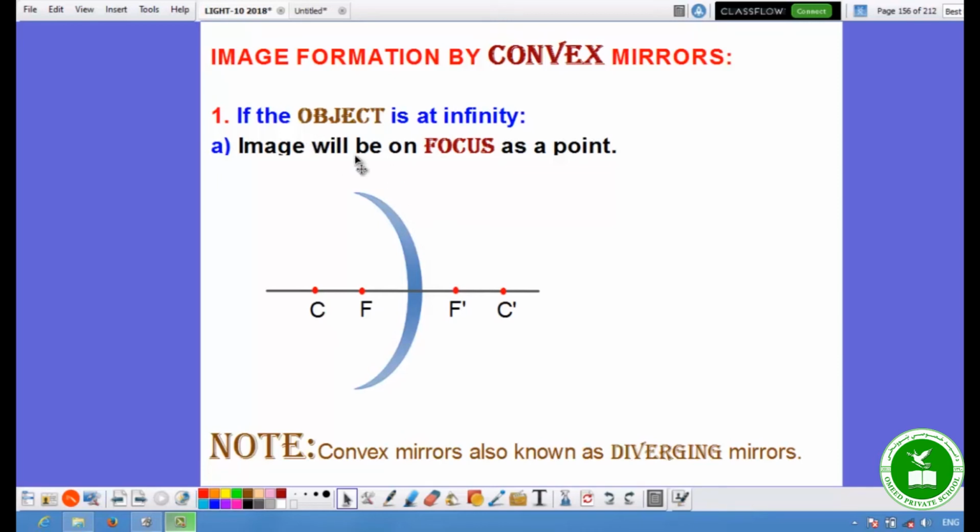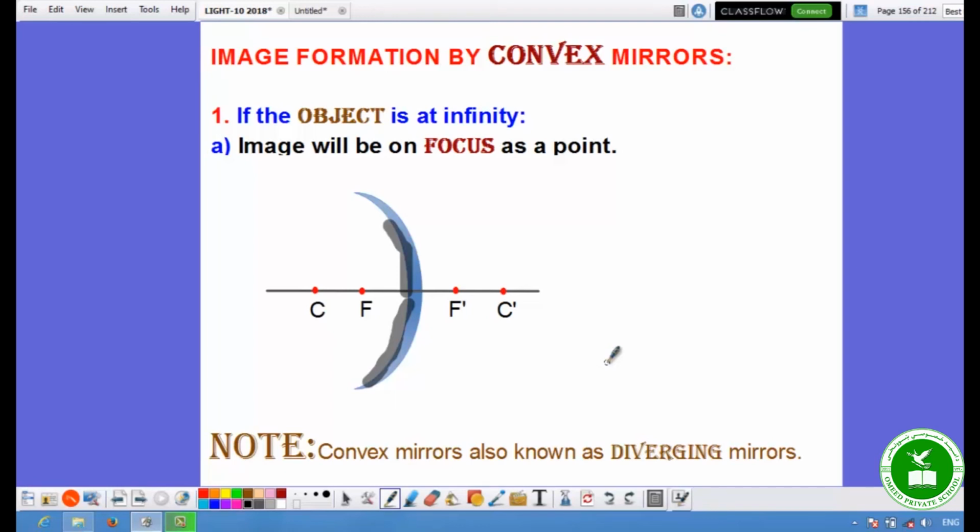And here we talk about image formation by this kind of mirror. Let me paint the inner side. Okay, painted inner side. I'm sure, dear students, you can do it better than me.